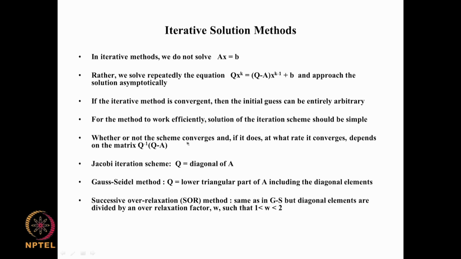And whether or not the scheme converges, and if it does converge, at what rate it converges depends on the matrix Q inverse times (Q minus A). Okay. We will see these things later on. It is very possible that you have done the two basic iterative methods, which are known as the Jacobi iteration scheme and the Gauss-Seidel iterative method.